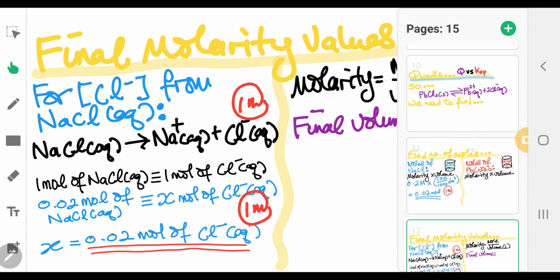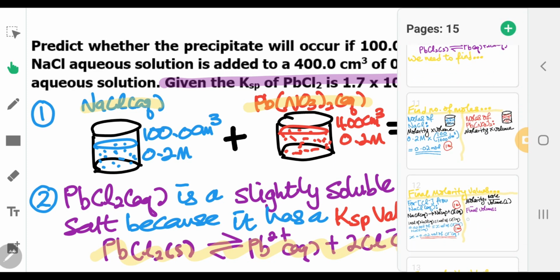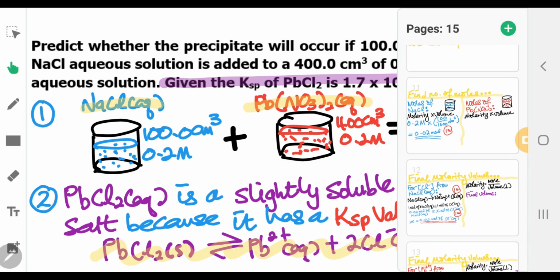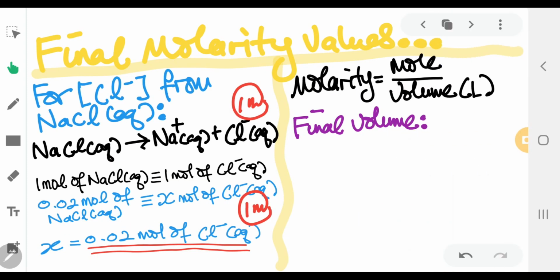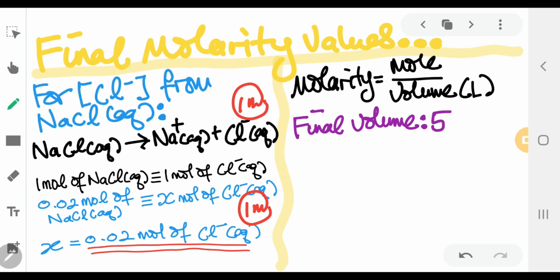So the final volume will be this 500 centimeter cubic because you have mixed them together to form your slightly soluble salt PbCl2. This is the final volume. So by writing the final volume, 500 centimeter cubic.